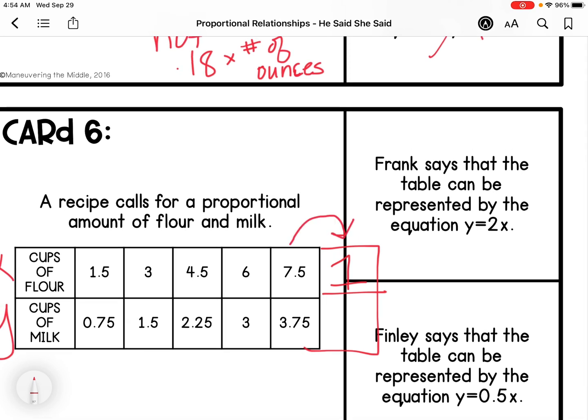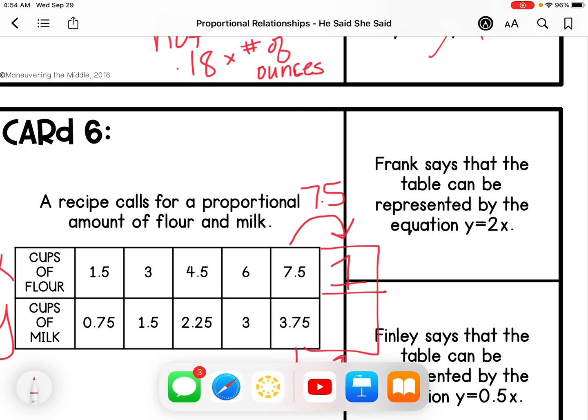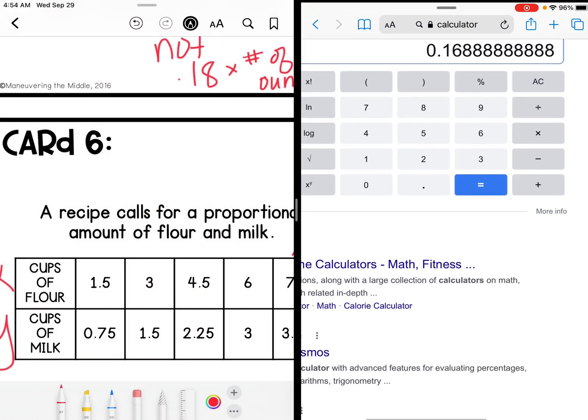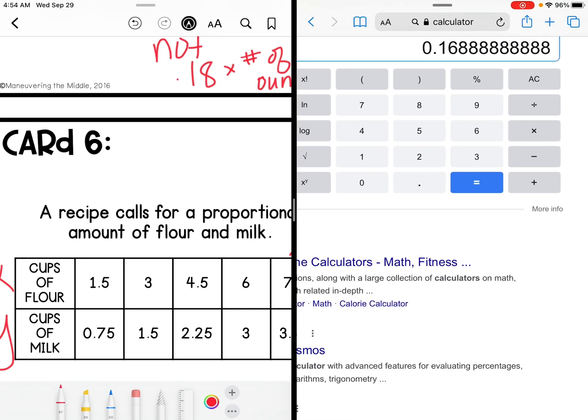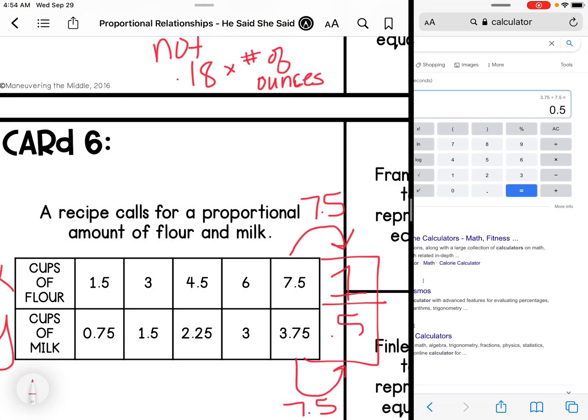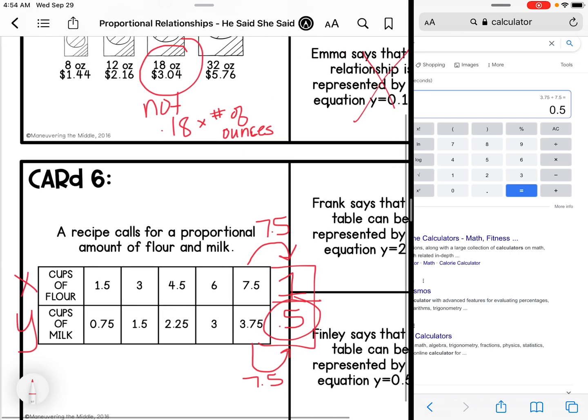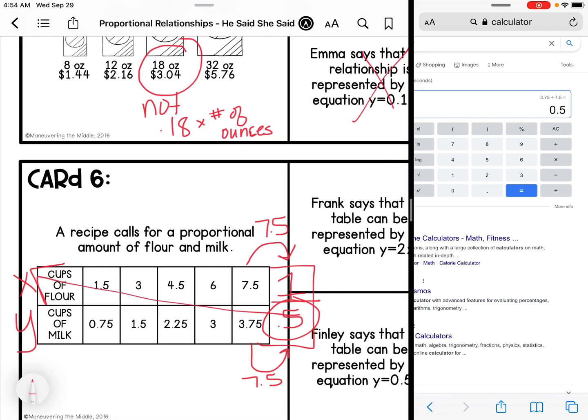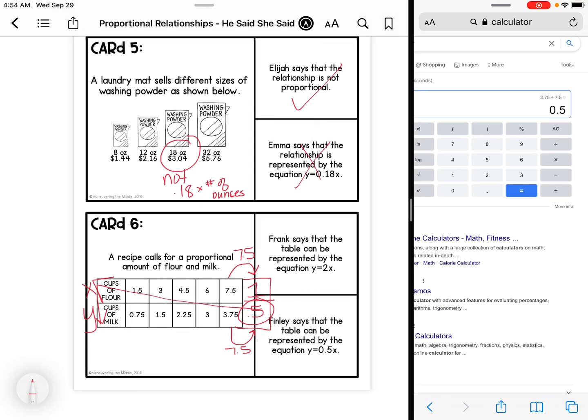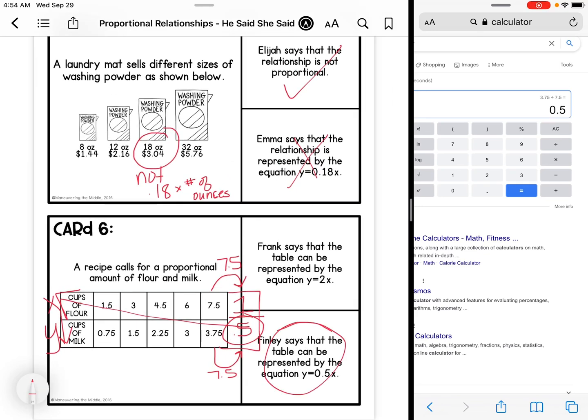I'm going to divide by 7.5. 3.75 divided by 7.5, I get 0.5. So I know it's 0.5x equals y. So 0.5 times the cups of flour gives me the cups of milk.